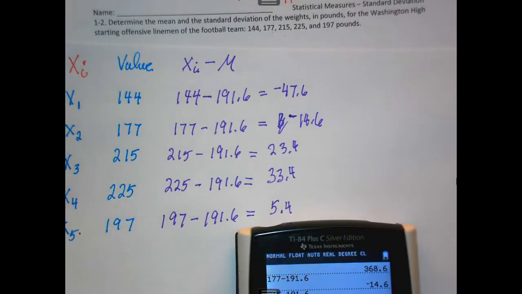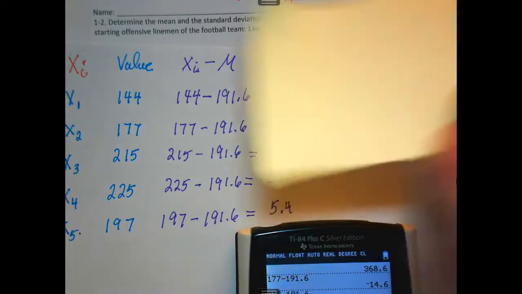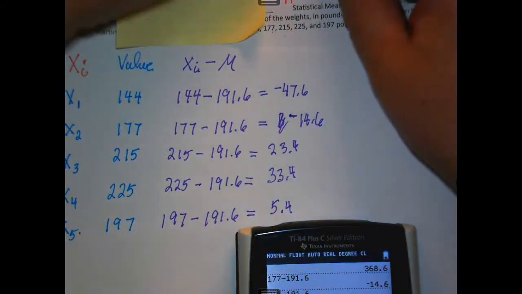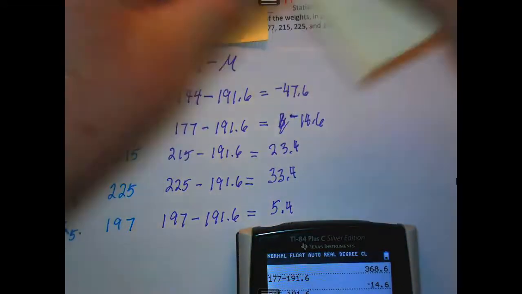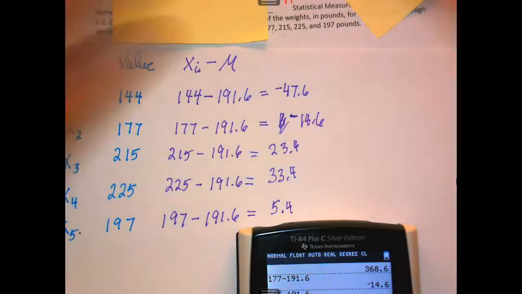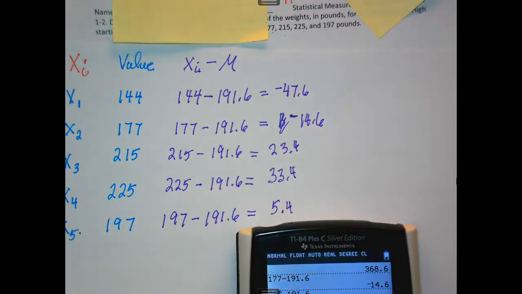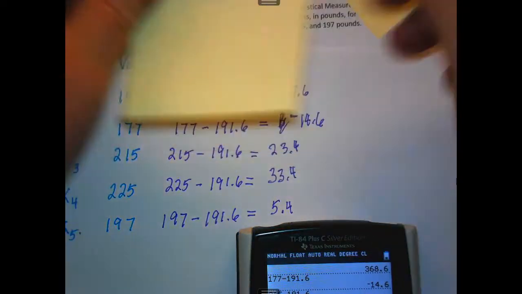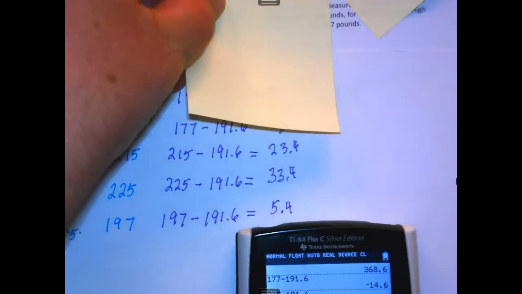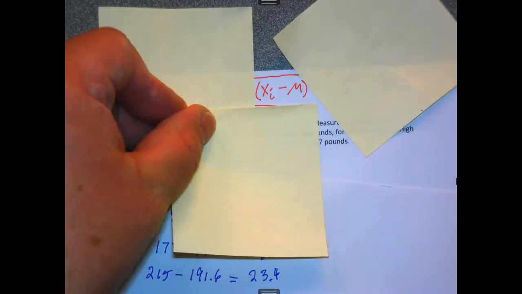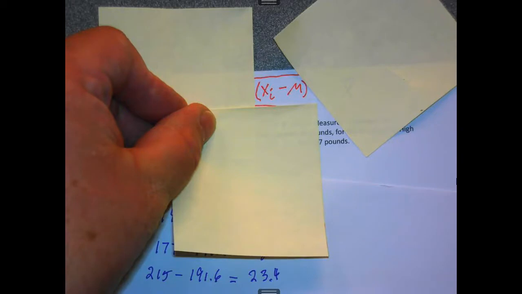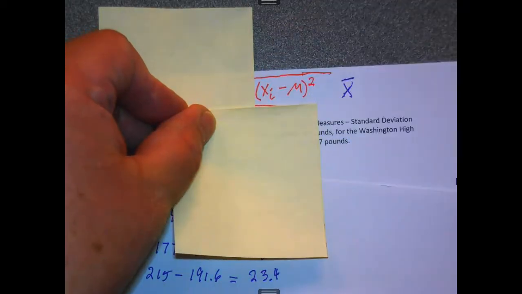Okay, so now we've done this part of the equation, right? We did the x of i minus the mean, and we haven't divided by n yet, right? So we've done that part of the equation. What's the next part? Oh, geez, that would help. Huh? What's the next part? We have to square it, right?